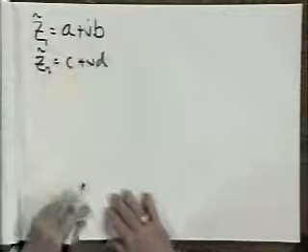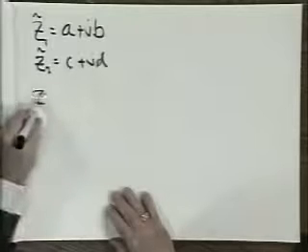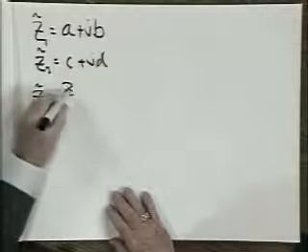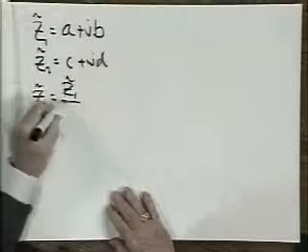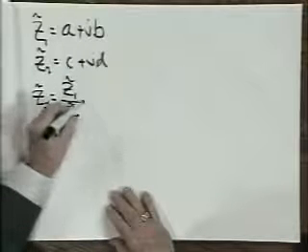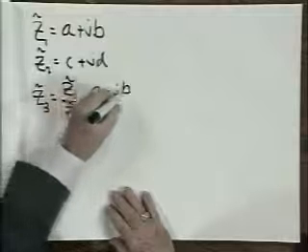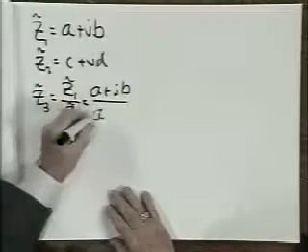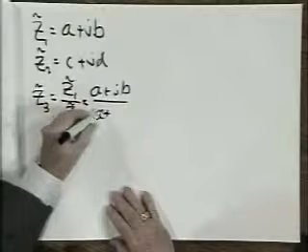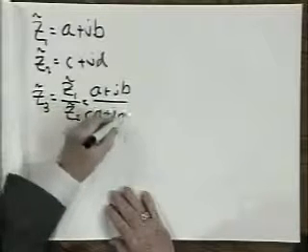Now, if I want to stick entirely to rectangular form and form the quotient, z3 equals z1 divided by z2, I have to do something with a plus jb divided by c plus jd.